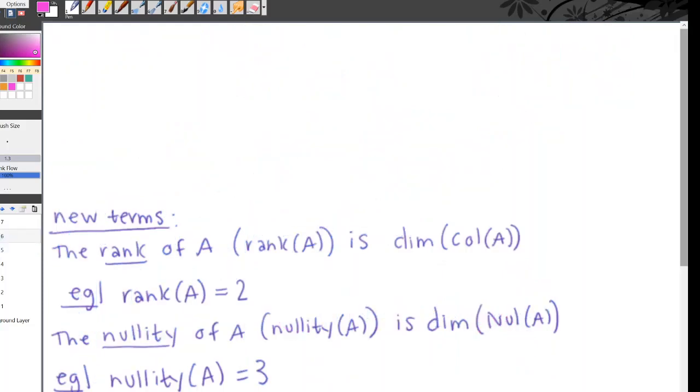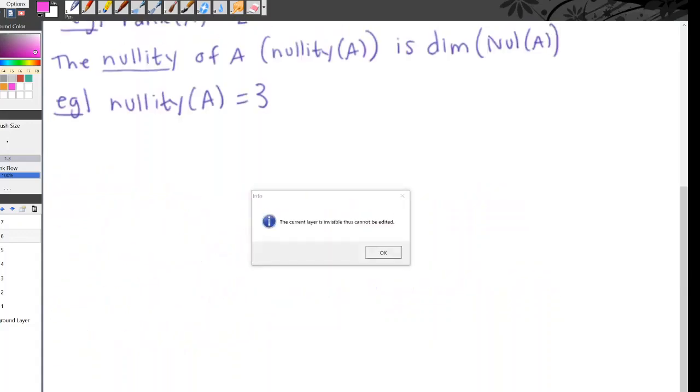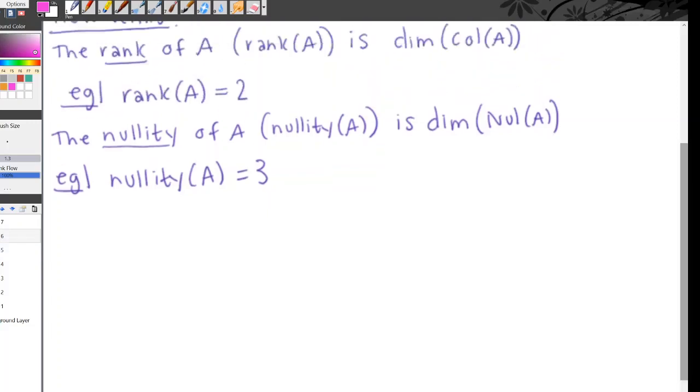So in general, the rank of a matrix A is always going to be equal to the number of pivot columns.